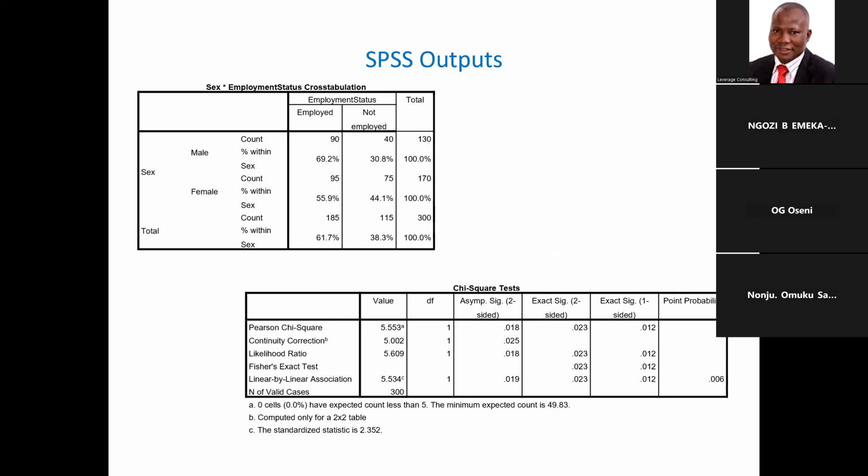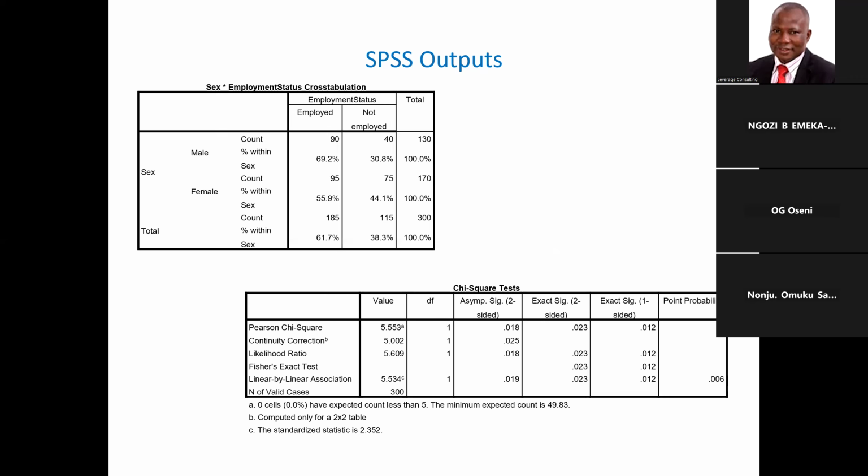The minimum expected count is 49.83. When we calculated the expected count the other time, the smallest one is, I think, for which one? It's for 'we may not employ', 49.80. That's the smallest expected count, 49.83.